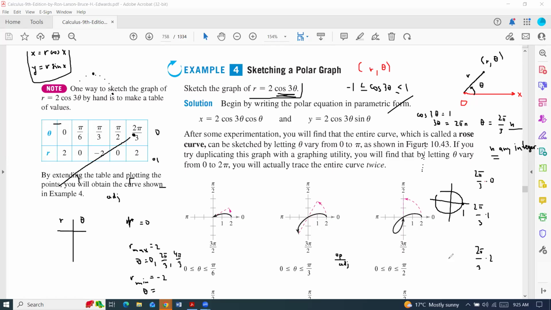Let me put them on the unit circle so you will see that that's all we need. 0 here. 2 pi over 3. This is 0.